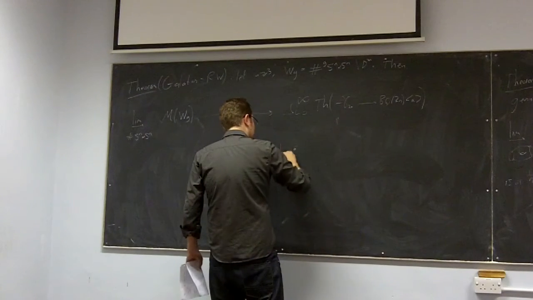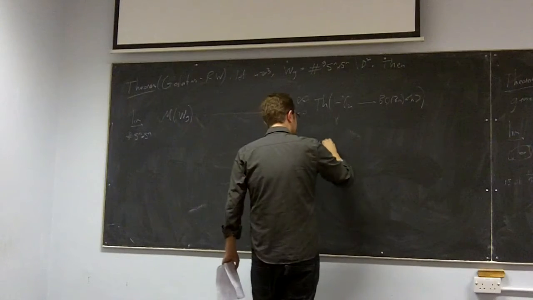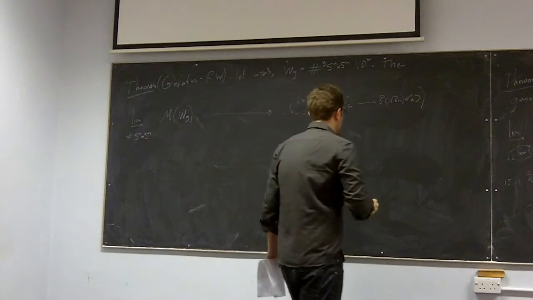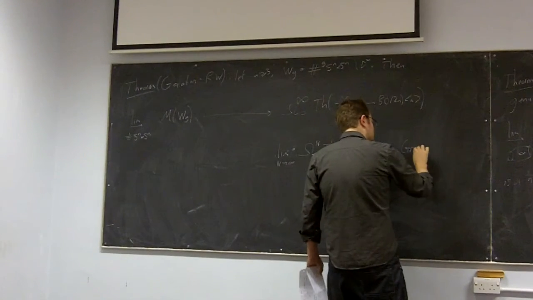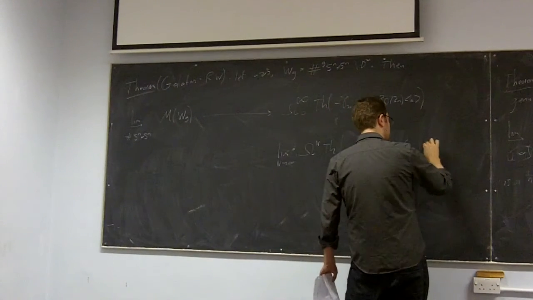What this means is the limit, again, as n goes to infinity, of the n-fold loop space of the Thom space. So now we do a bit of a funny thing. We take the Grassmannian of 2n planes inside our capital N.